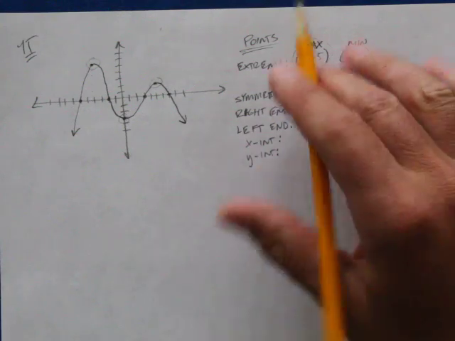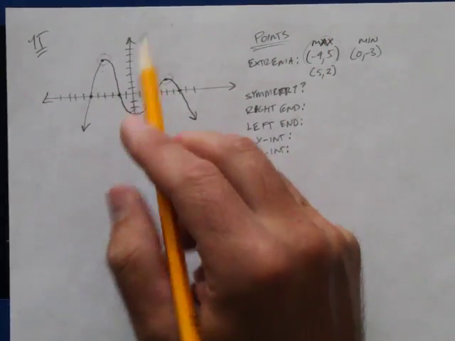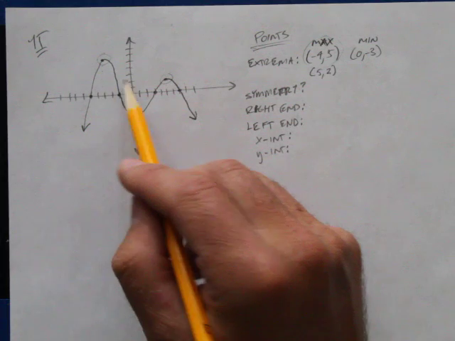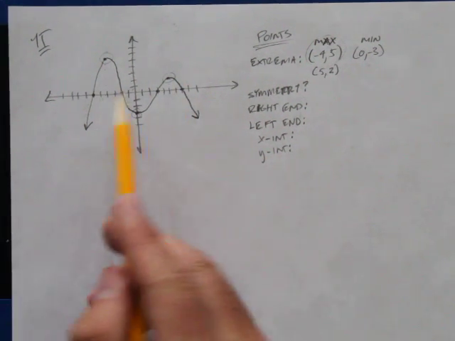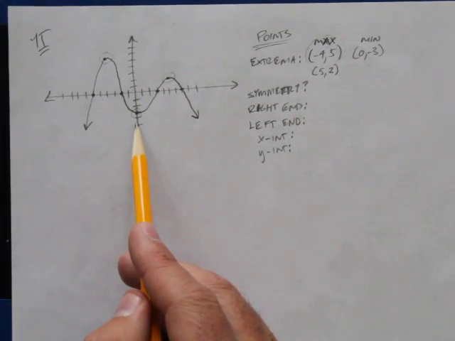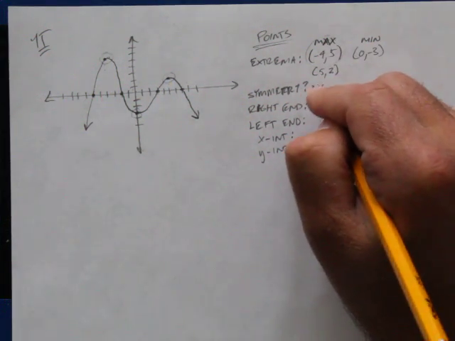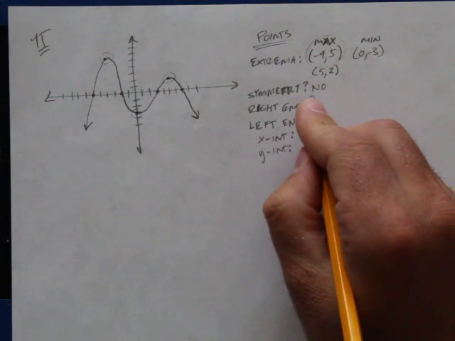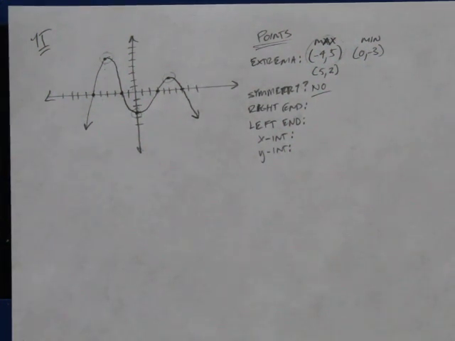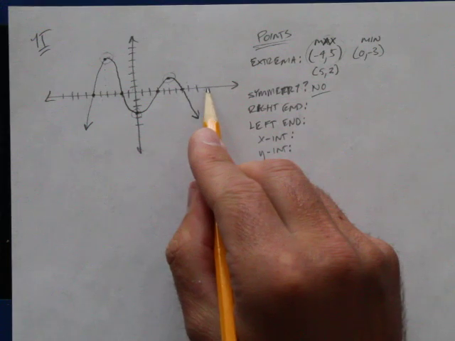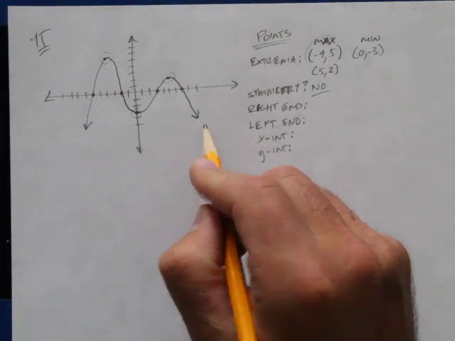younger brother. Okay, symmetry. I can't really find it. This could almost flip over like that and have a line of symmetry right here, but not quite, because this is lower than this. So no, this doesn't have any symmetry. Right end behavior. So as x increases, y is decreasing.